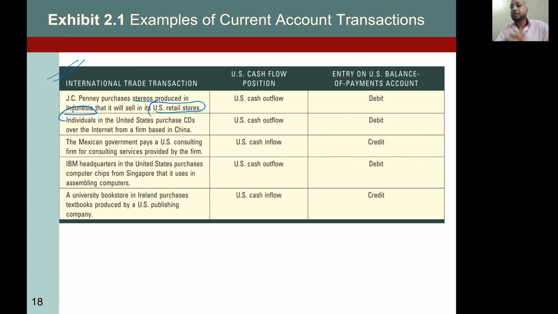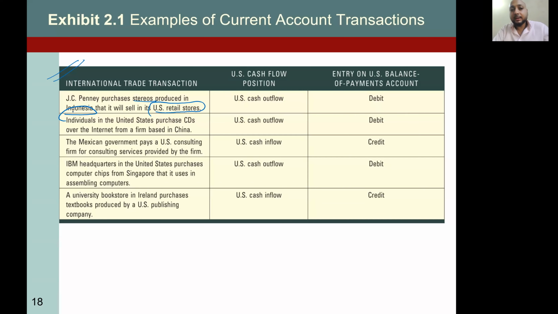So remember, this book is US centric. Even if I'm sending you the book chapters and all the stuff, this book is US centric. If a question is silent, automatically assume yourself that you are in the US. And when you are in the US, you are importing from Indonesia. So your home is the US and the foreign country is Indonesia.